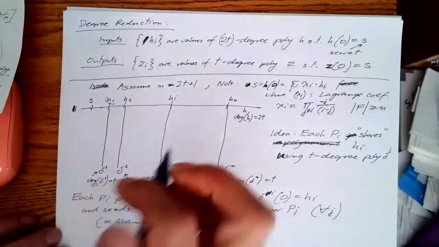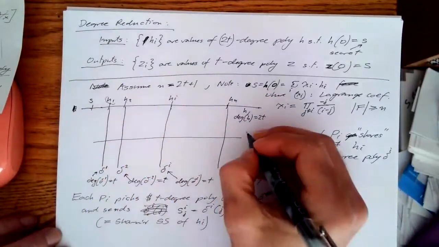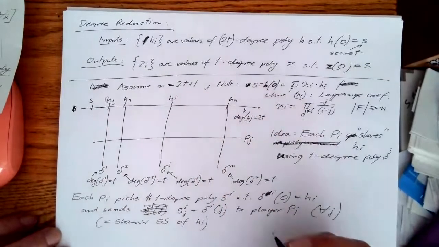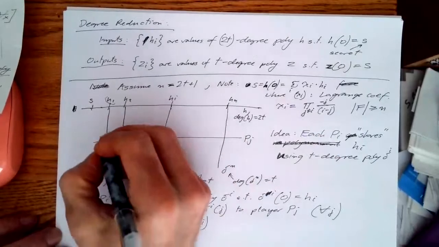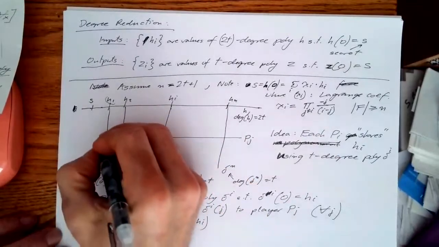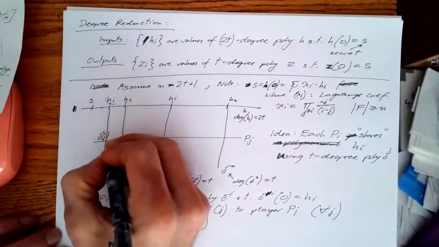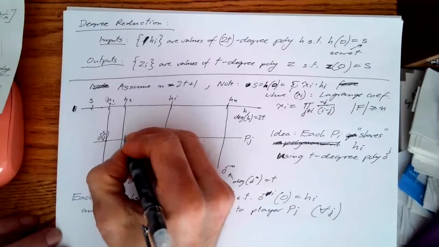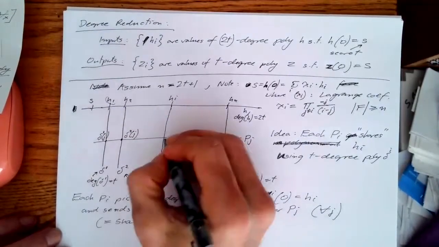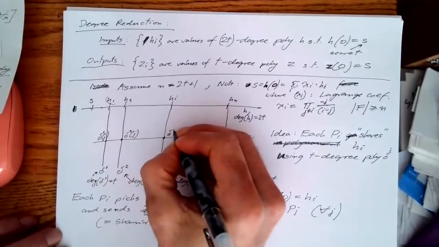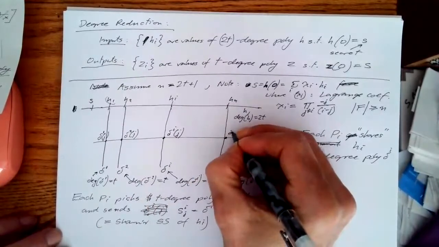Now let's see what values player Pj gets. From the first player, he gets the value of the first polynomial at his index, and he gets the second polynomial at his index, and so on. So for every polynomial, he gets a value at his index.